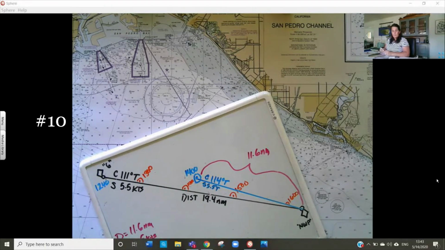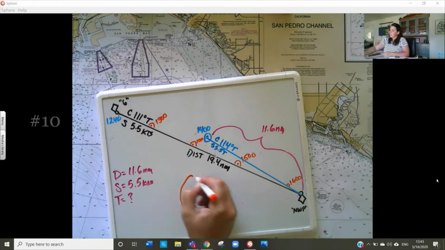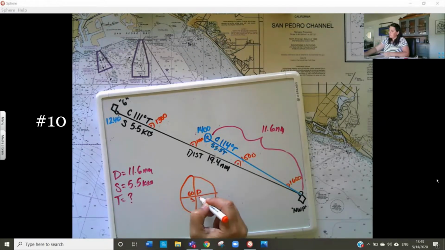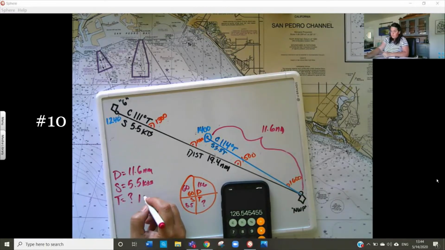And now I can plug this into my 60D street. I'm going to try the magic circle this time. We have 60 times 11.6 divided by 5.5. We have a time of 126 minutes.